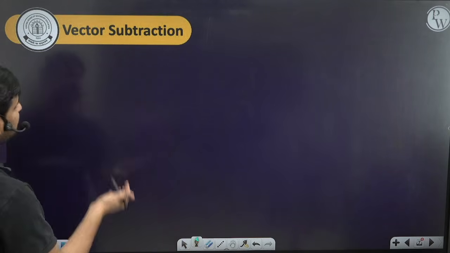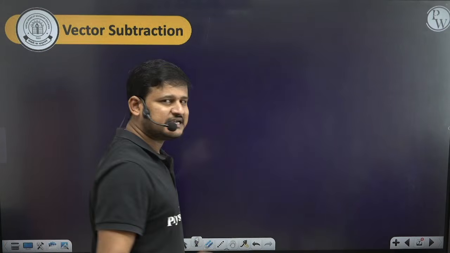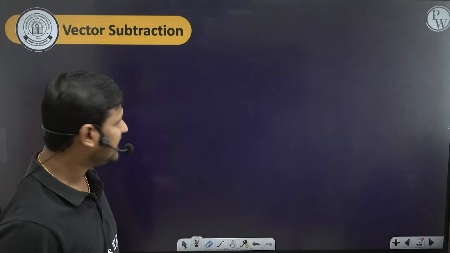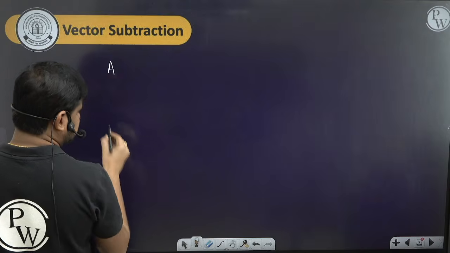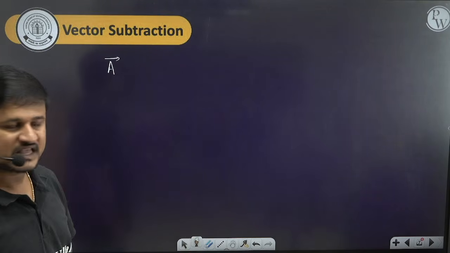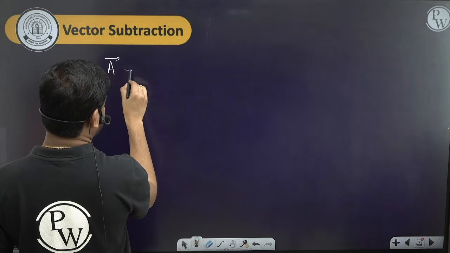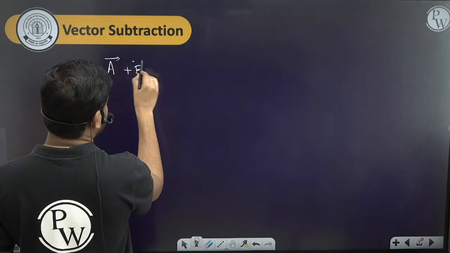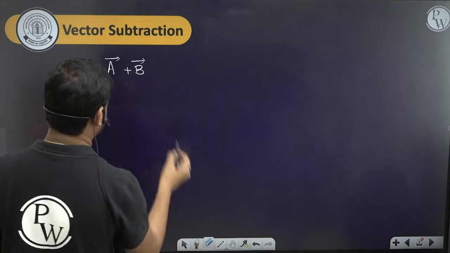Chalo. So now vector subtraction. Vector subtraction is also a type of addition, right? So let me clarify your doubt. Let's suppose I am taking two vectors, let's consider them as A and B. See here.